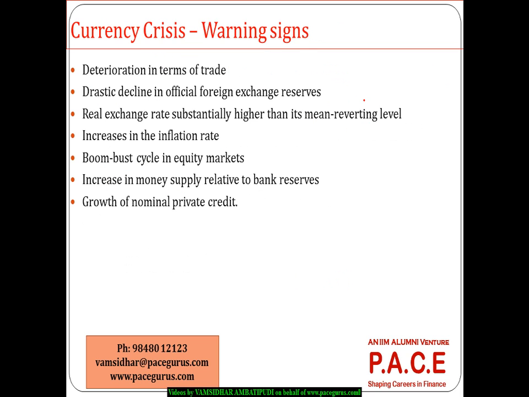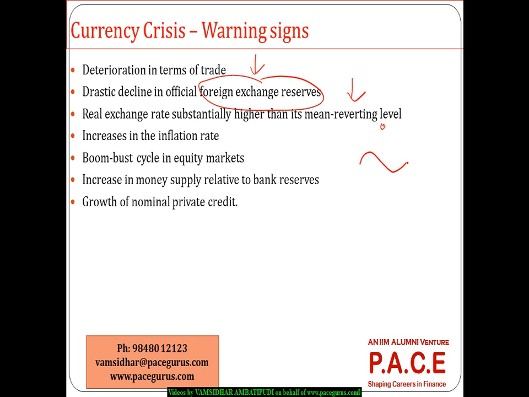And whenever we are talking about a currency crisis, the major thing we are looking at is a deterioration in the terms of trade. Foreign exchange reserves go down drastically in that particular country. The terms of trade in the country go down drastically. The real exchange rate is much higher than the mean reverting level.